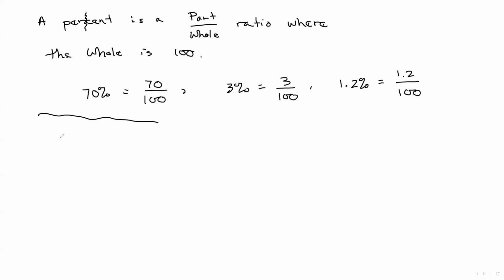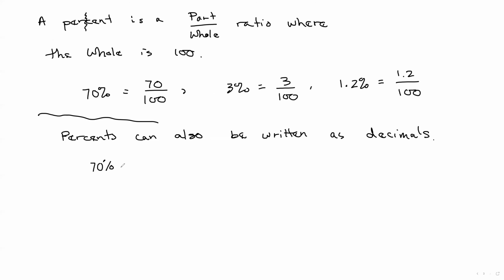Percents can also be written as decimals. Okay, and the way that you can get there is if you start off with 70% equals 70 over 100, and then you break out a calculator and actually divide.